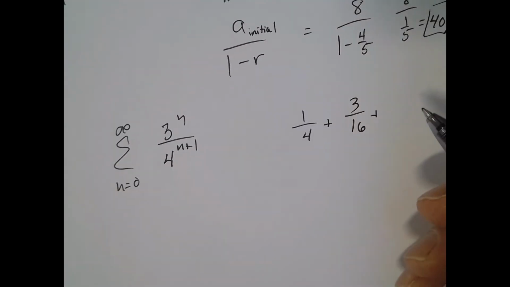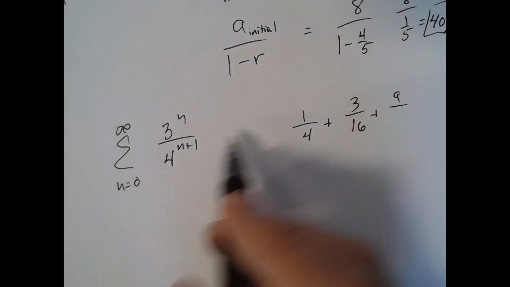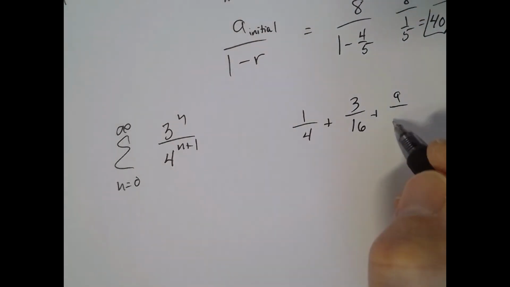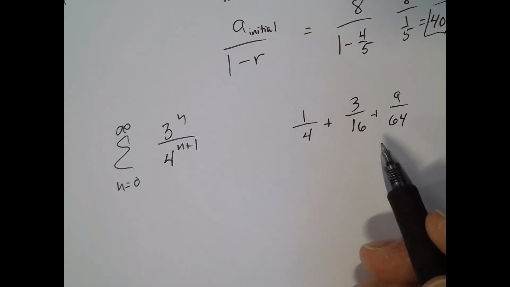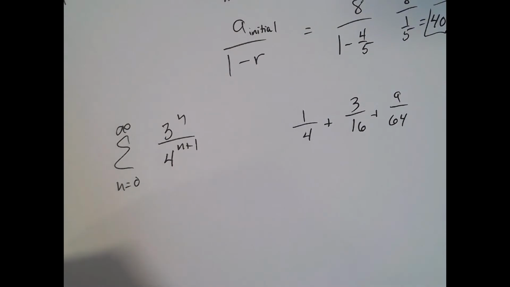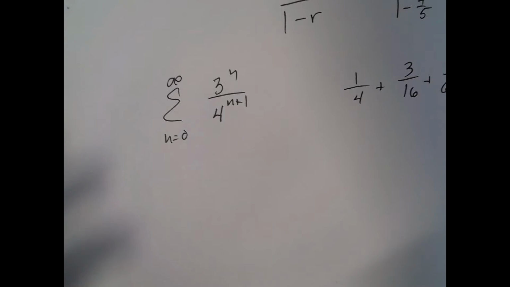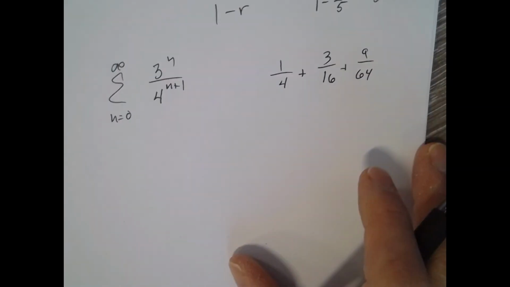And then if I plug in 2, I get 3 squared is 9 over 4 cubed, which is 64. So from this, well, we already know what our first term is. What are we multiplying by? Three-fourths. Good, 3/4, because the top is multiplying by 3 and the bottom is multiplying by 4.